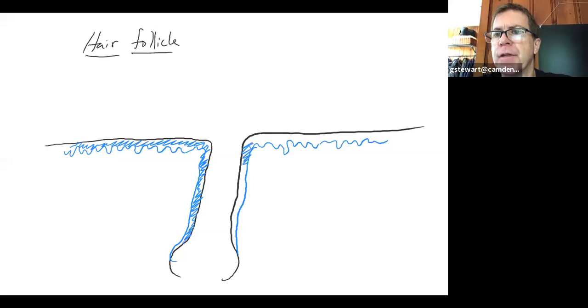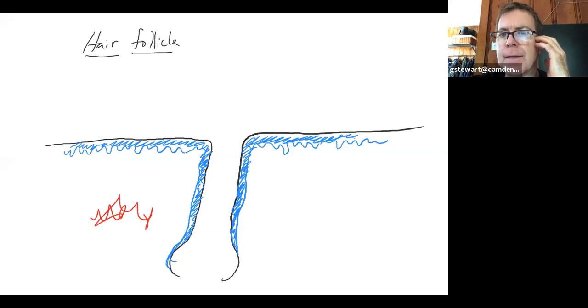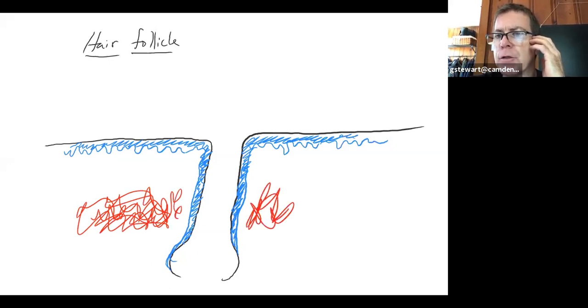We call this jacket the epidermal sheath of the hair follicle. So it's technically epidermal cells that surround the hair follicle, even though the follicle itself is located deep in the dermis of the skin. Everything in red is dermal tissue.